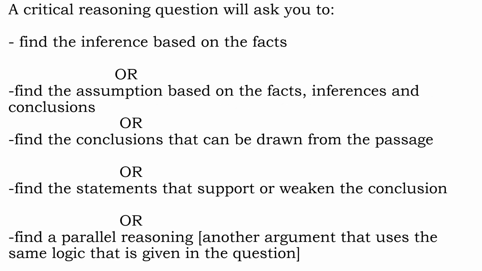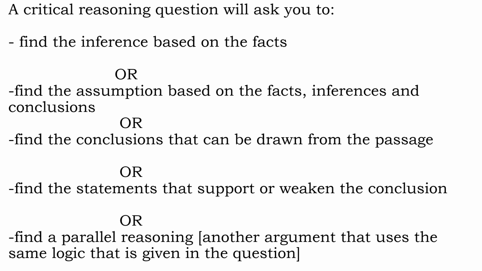Now, in a critical reasoning question, what are the things that you have to find? Generally, critical reasoning questions will ask you to either find the inferences based on the facts. Facts will be given to you, and you have to find the inferences that are based on the facts or unstated facts, or find the assumptions based on the facts, inferences, and conclusions.